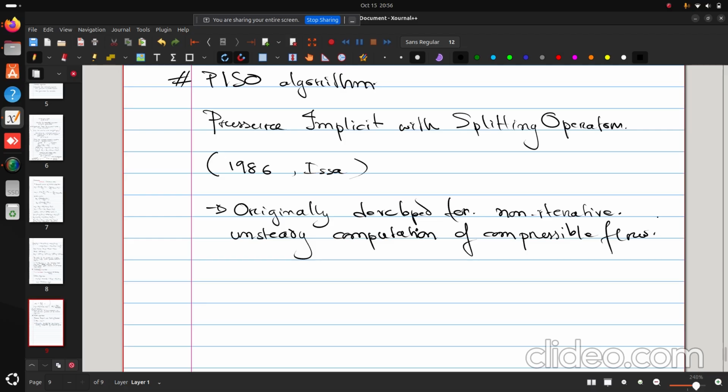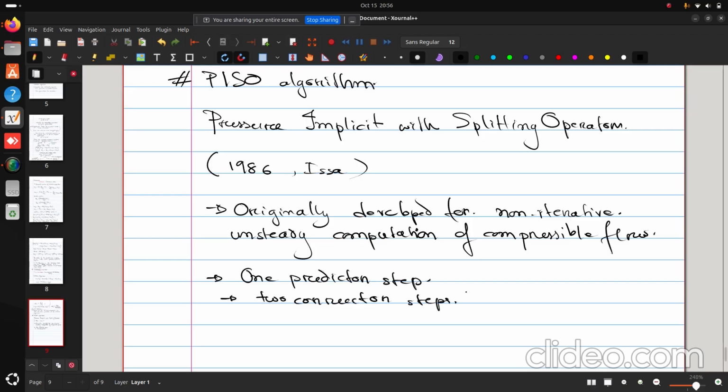So the PISO algorithm, the main difference is that it involves one predictor step and two corrector steps.